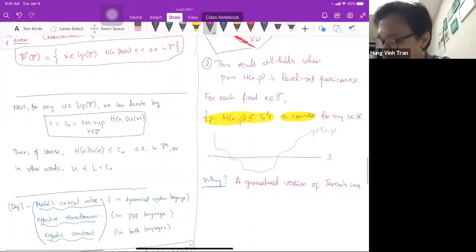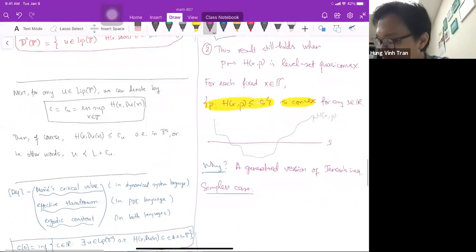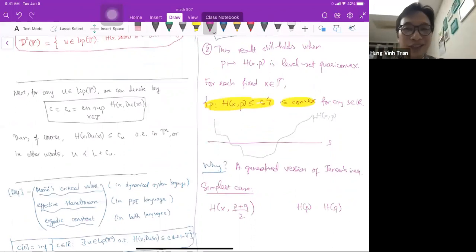So the simplest case would be: if I take h of (p plus q) over 2, how do I compare that with h of p or h of q? I don't know, right? So let's see. Let's take this picture up here.